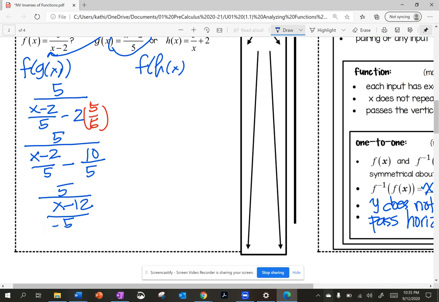And the 5 in this denominator is logically equivalent to being in the numerator. So if I flipped and multiplied, so now I have 5 times 5, which is 25, divided by x minus 12. And this does not equal x. So this g of x is not the inverse.